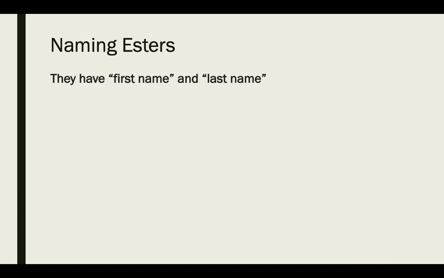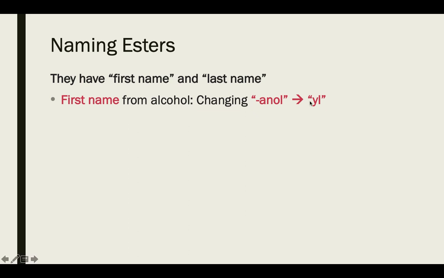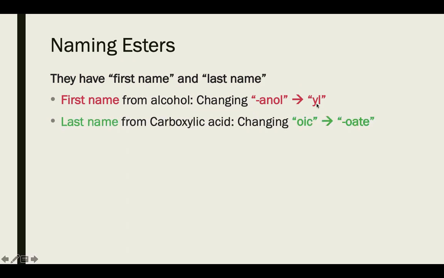Naming esters. Esters all have a first name and a last name. Their first name is from the alcohol. We change the alkanol to alkyl. And their last name is from the carboxylic acid. We change oic acid to oate. For this reason, to be able to name an ester, we must know which part comes from the alcohol and which part comes from the carboxylic acid.